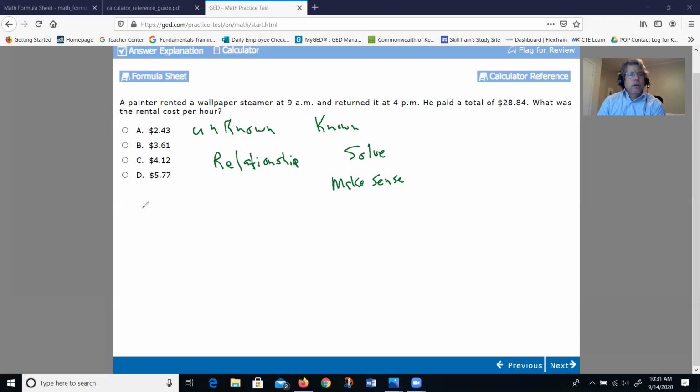So what we do not know is the cost per hour. Some of the known facts is the total cost is the $28.84. So we can pick up on that. That's known to us. So the total is $28.84.